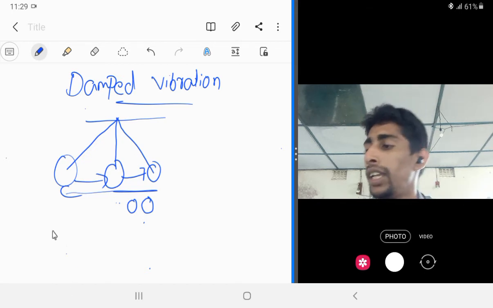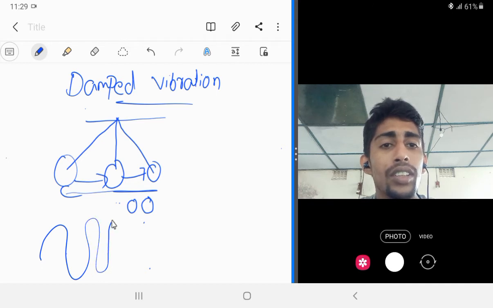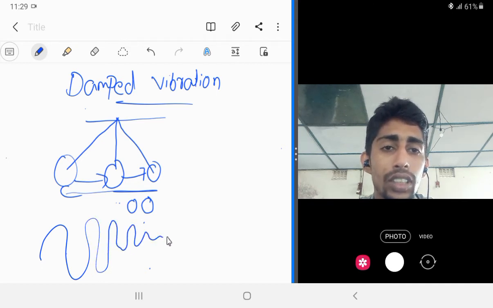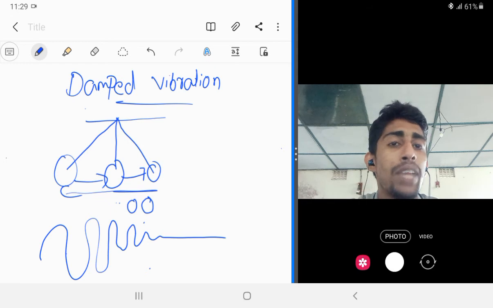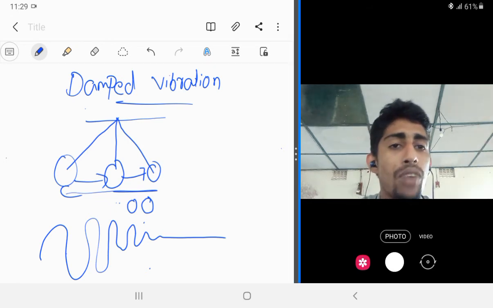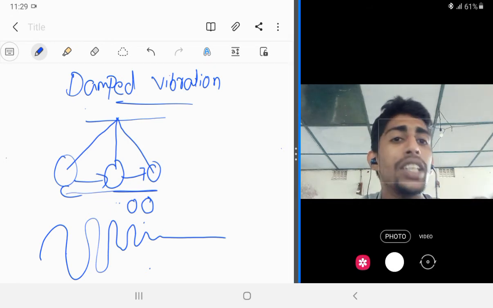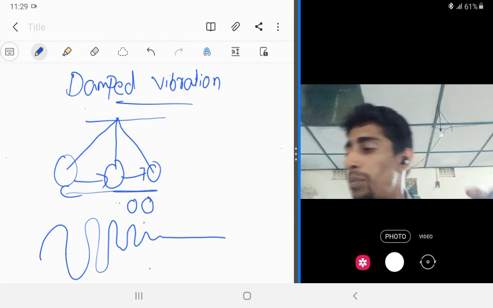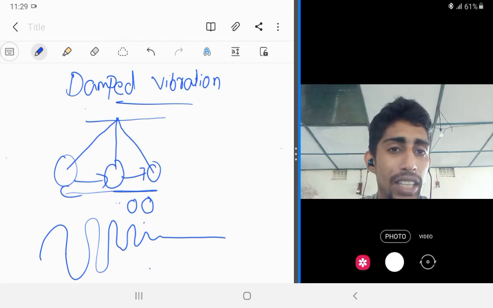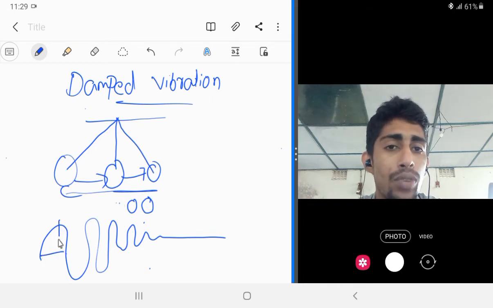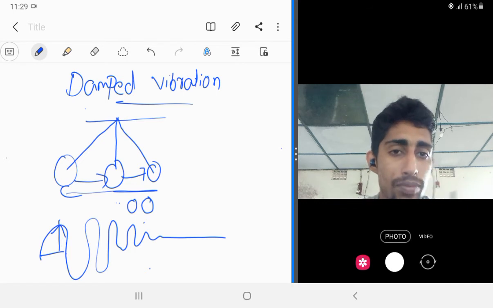Or in your textbook it is saying like this. Due to the presence of resistive forces, the vibrations will stop. In these kinds of vibrations, the amplitude will decrease. Amplitude means the height of the wave. This is the height.